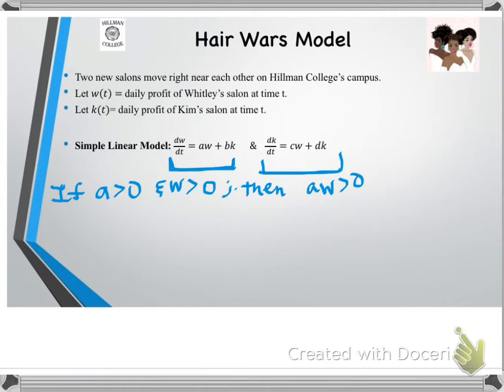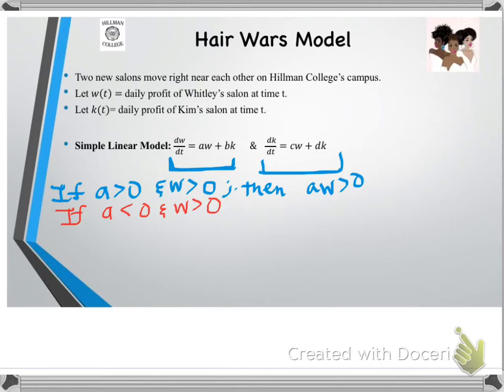But what if A is less than 0 and W is still greater than 0? What would that mean? Just think about what it would mean if A is negative, but Whitley's daily profit W is greater than 0. Well, what it could mean is that the salon is too crowded and customers leave.